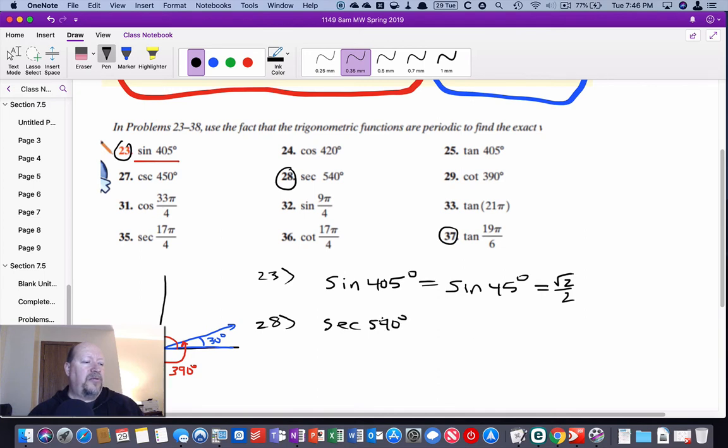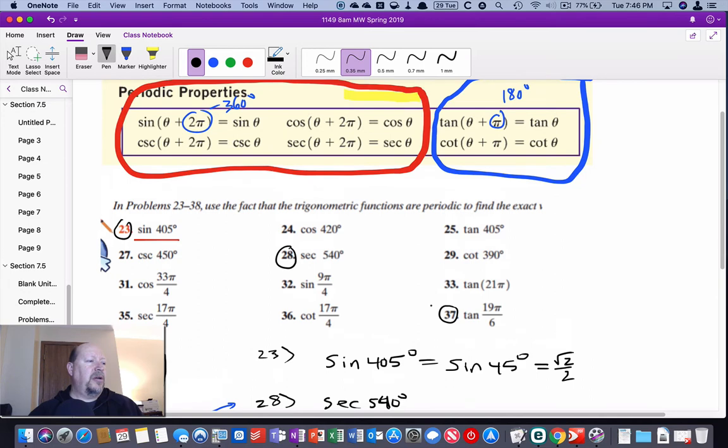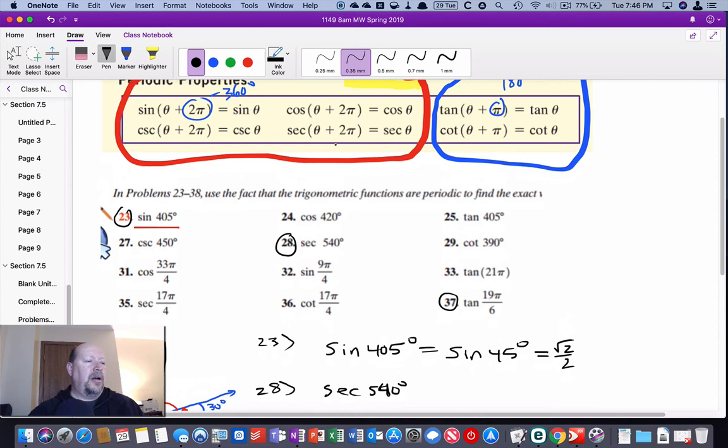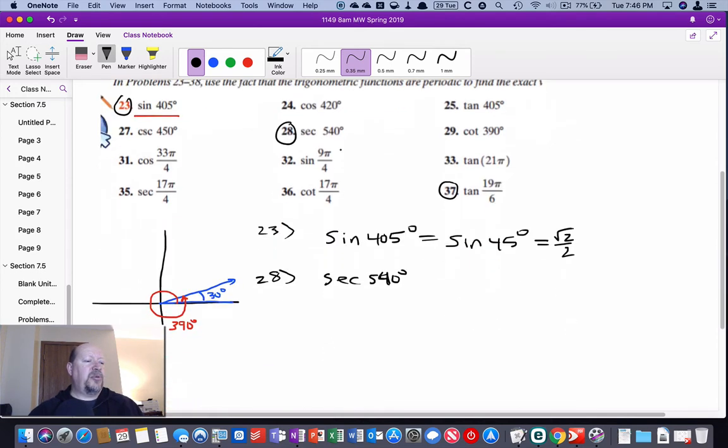With number 28, the secant of 540, let's find out the period of the secant function. Secant is one of those that also has a period of 360, or 2 pi. So I can subtract off 360. 540 minus 360 is 180. So this is the same thing as the secant of 180. I don't memorize the secant of many angles, but I usually know the sines and cosines at the very least. So I can use the reciprocal. The reciprocal function of secant is the cosine.